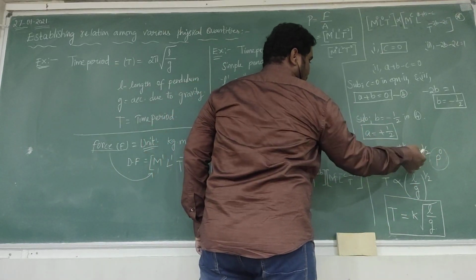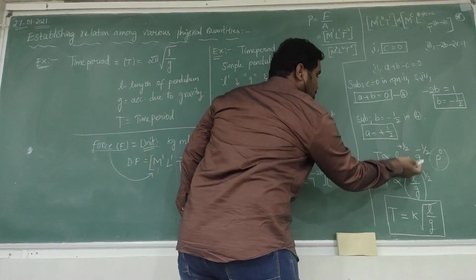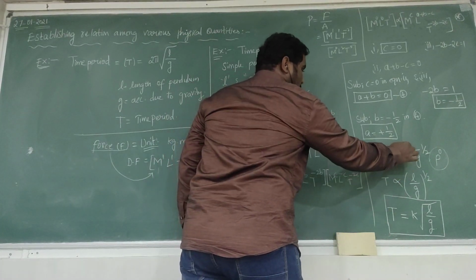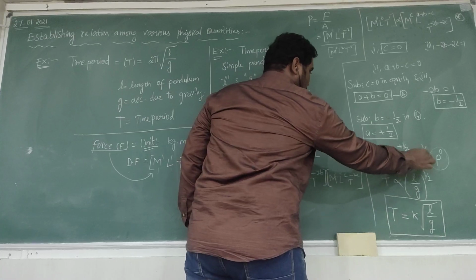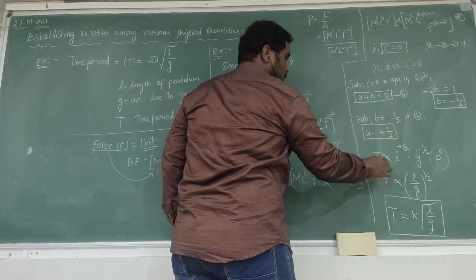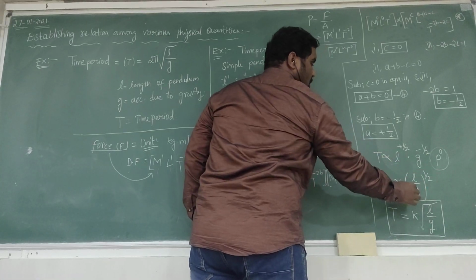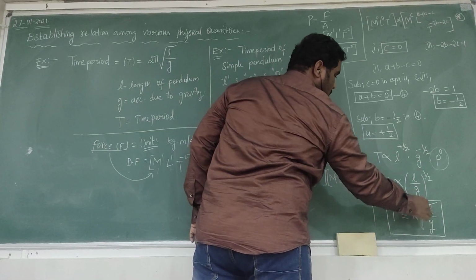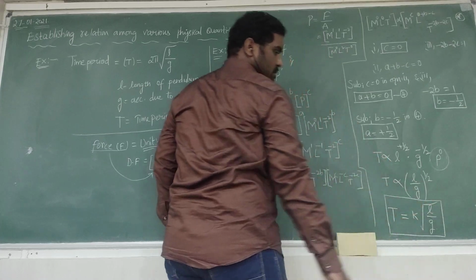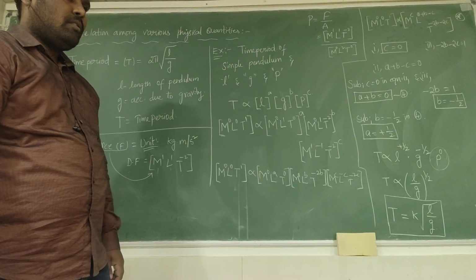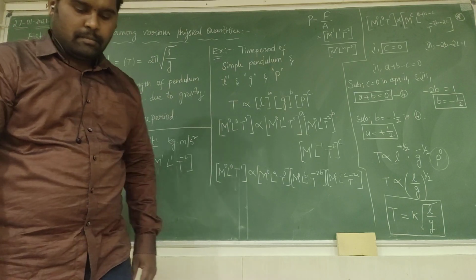G power minus 1 by 2, inverse only, right? So it comes to the denominator as g power 1 by 2, and L power 1 by 2 by g power 1 by 2, both are same. So therefore L by g whole power 1 by 2. What is whole power 1 by 2? Square root of L by g. So like this we have deduced this expression.